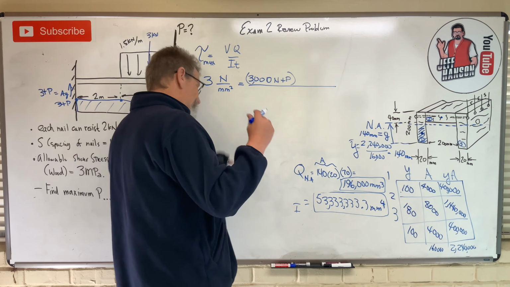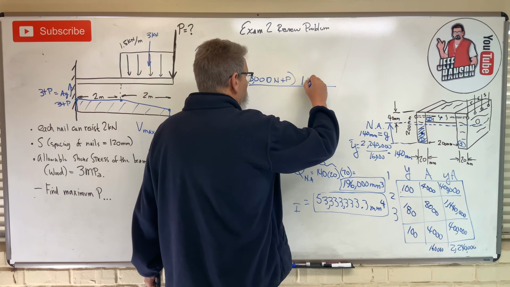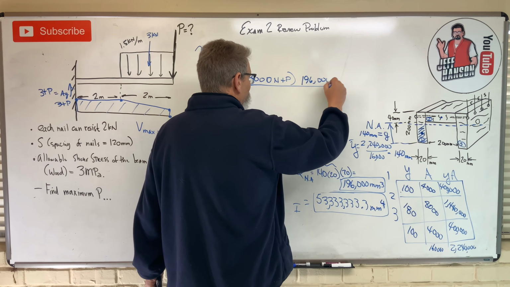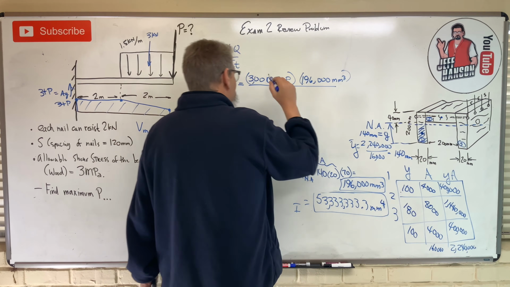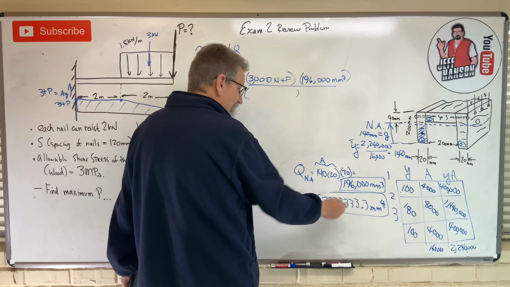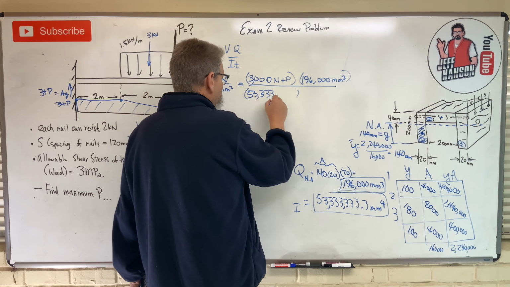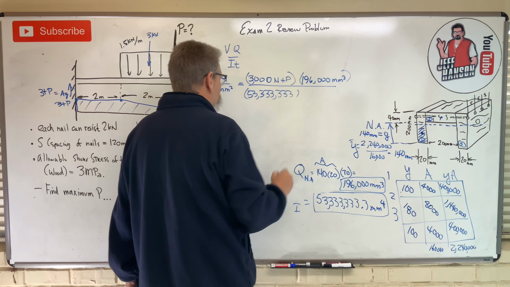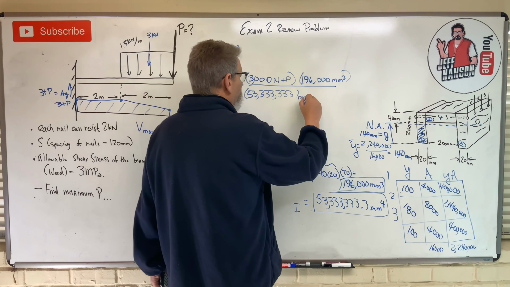There's that number. This isn't hard, but just getting all these numbers to put in my equation is hard. 196,000 millimeters cubed, divided by I, which I got: 53 million, that's millimeters to the fourth.